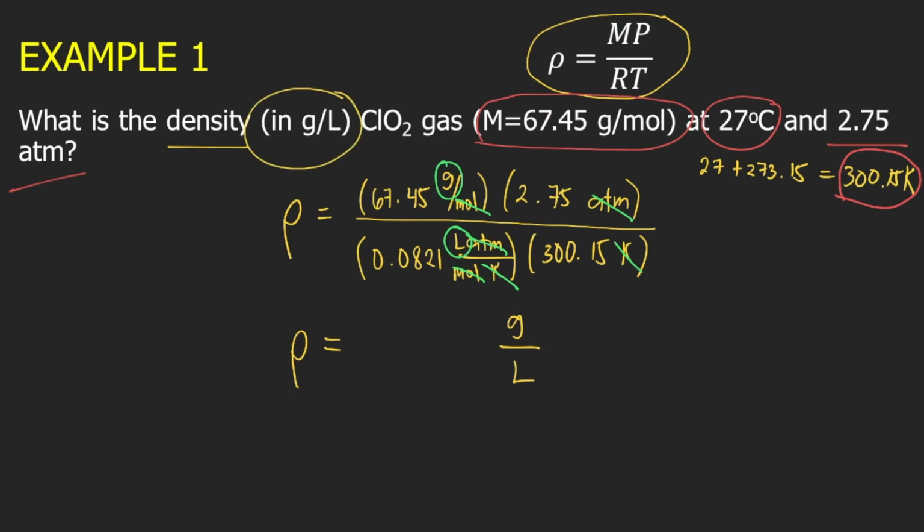So if you solve this in your calculator, 67.45 times 2.75, divided by 0.0821 times 300.15. That is equal to 7.53 grams per liter. This is the answer to the question.